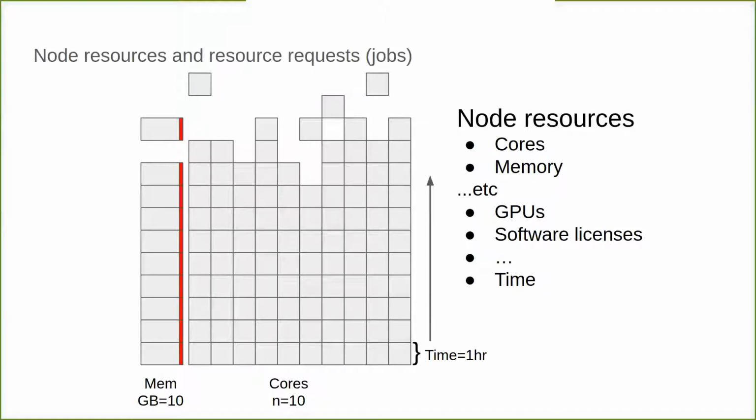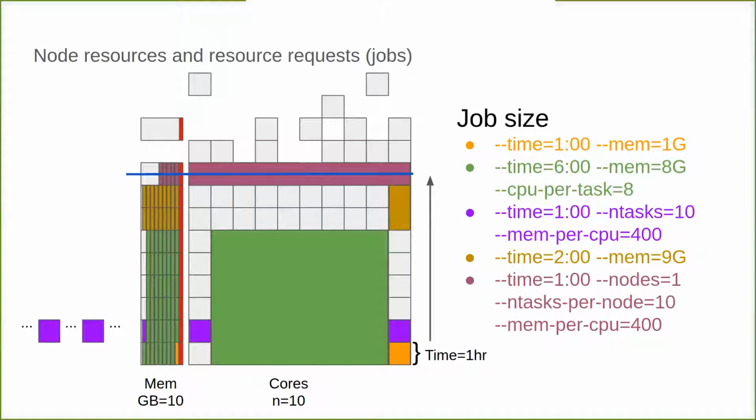So what happens is over time, the scheduler is going to try and fill up this node. At the first scheduling cycle, it will check the queue and see what it can fit in there, and then it will go up through the queue and try to fill the node. So here's a simple example of what the scheduler would have done as it passes through the queue.